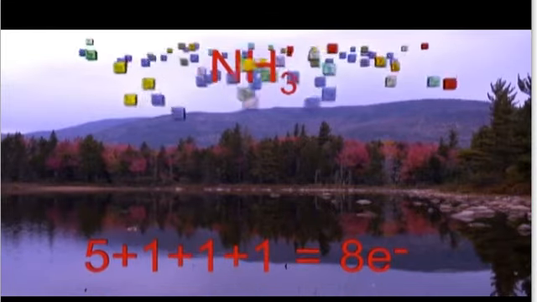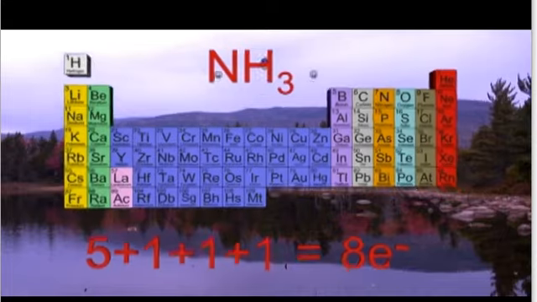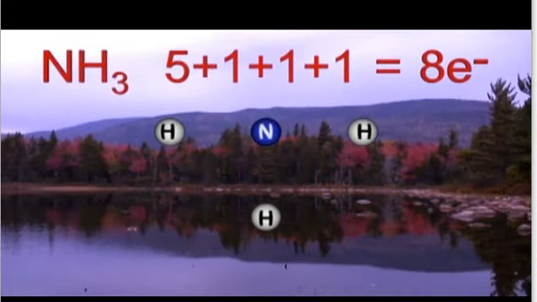Talk about ammonia. How many valence electrons are there in ammonia? Nitrogen is in the 15th group, so it has 5 valence electrons in its outermost orbit, and hydrogen has 1 valence electron, and there are 3 atoms of hydrogen, so 5 plus 3 is equal to 8 electrons. Each and every element has its valence electrons in the outermost shell depending upon the group number.